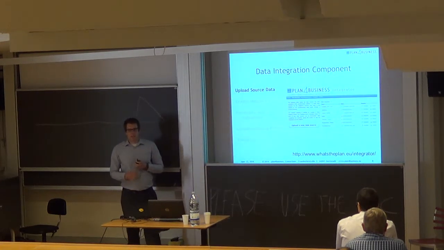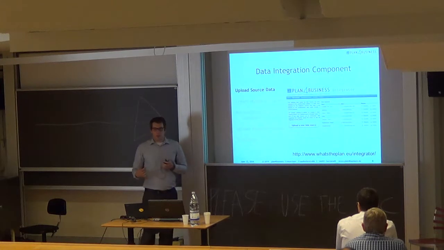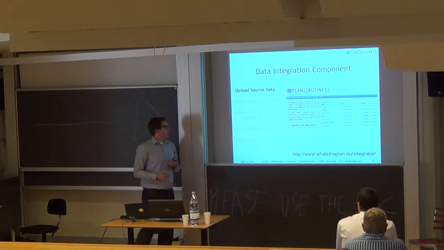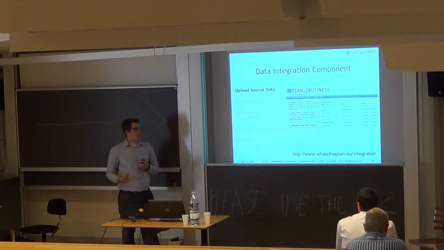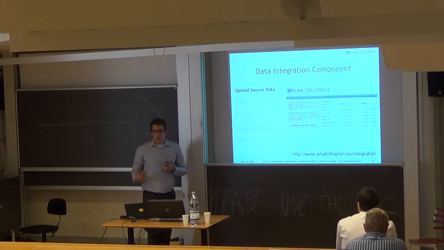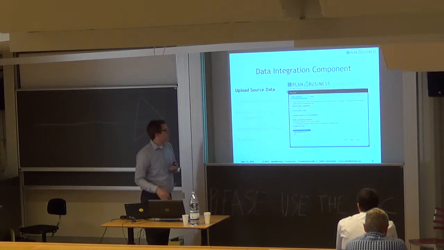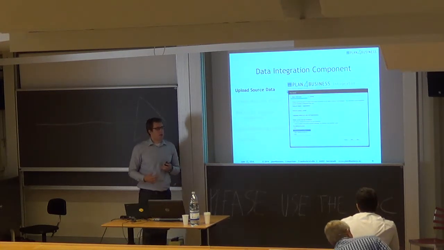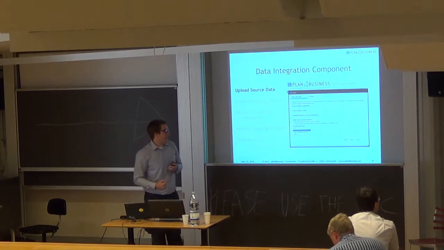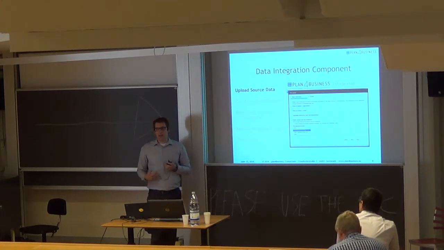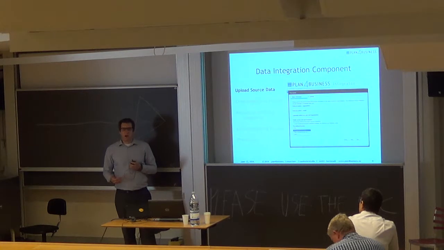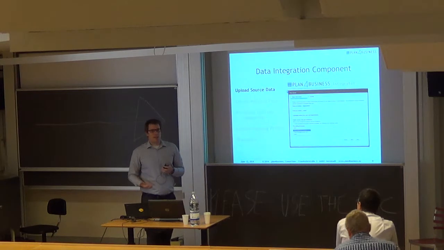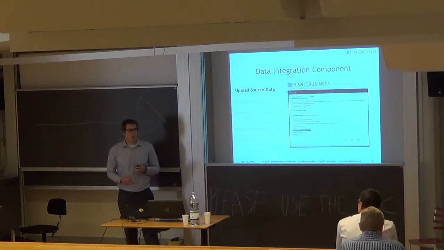So in general, the data integration process and the data integration component looks like this. This is now for the first solution. The first thing that we need to do is upload the source data. We add several attributes like metadata, and a very important and necessary attribute was the license, so whether the portal is allowed to export the data, for example, as WMS or even as RSS feeds.